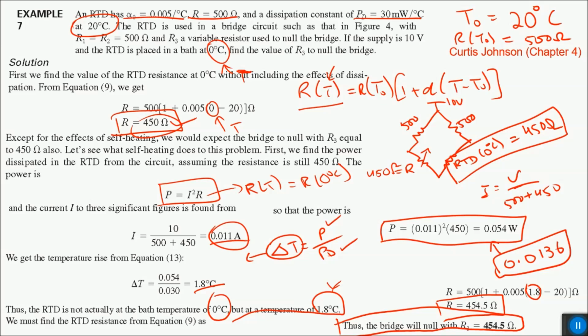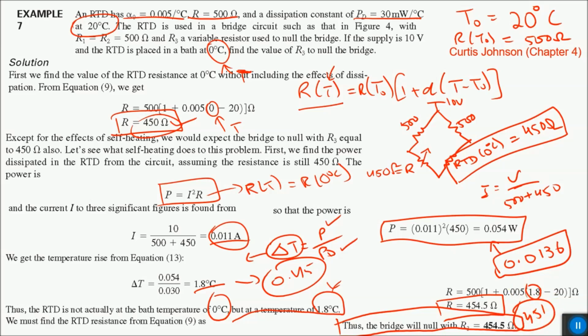And what would that mean for the rise in temperature? That would result in a temperature change of 0.45 degrees, not 1.8 degrees. And that would result in the resistance change of, let me find out, 0.45 minus 20 into 0.005 plus 1 into 500, and that would become 451 ohms instead of 454 ohms.